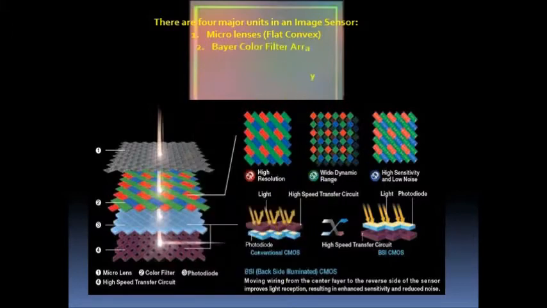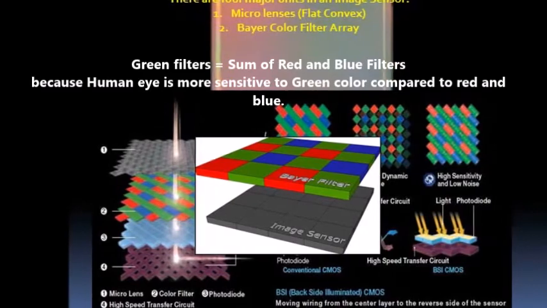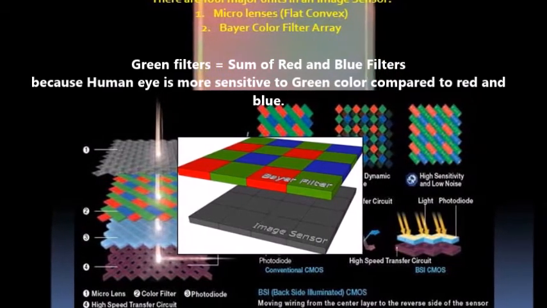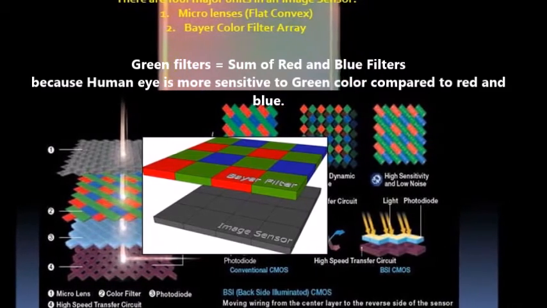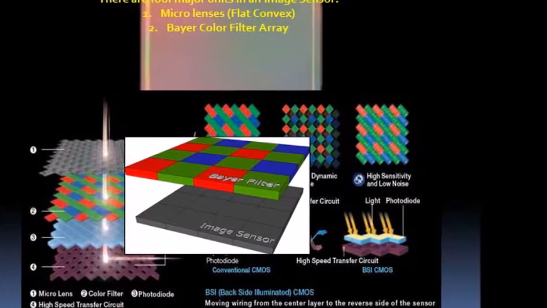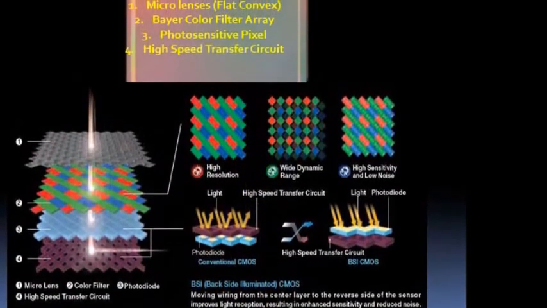Next we have a Bayer color filter array. It is just a group of color filters, and the matrix is such that the number of green filters equals the sum of the number of blue and red filters. Next are the photosensitive pixels and the high speed transfer circuit.